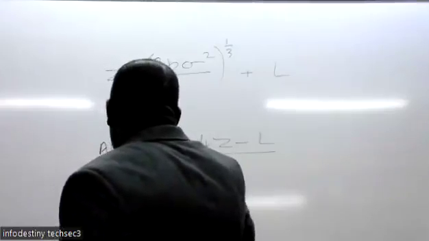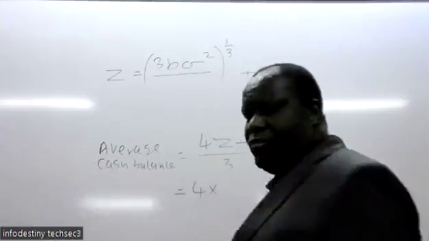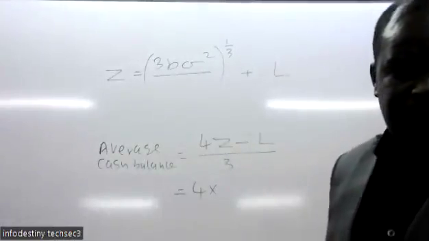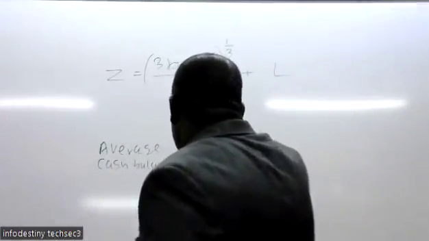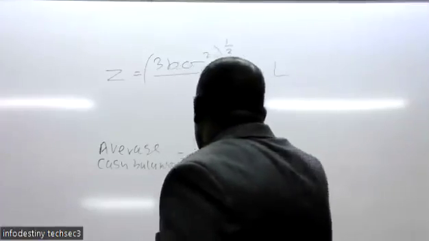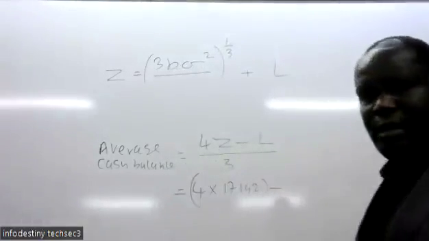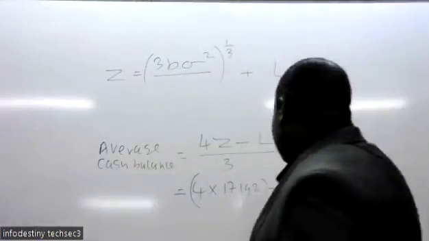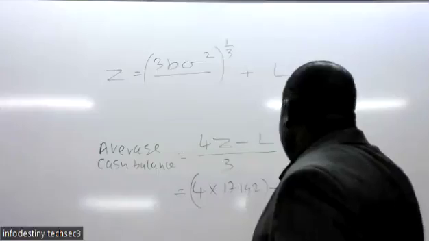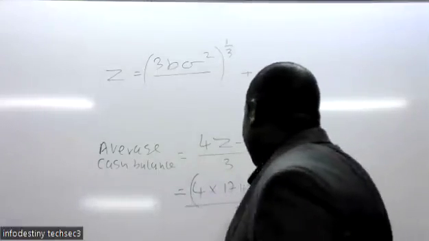So it will be 4, then Z, you already have it. It was 17,192. You minus L. So L, we know it is 10,000. Then you divide by 3.